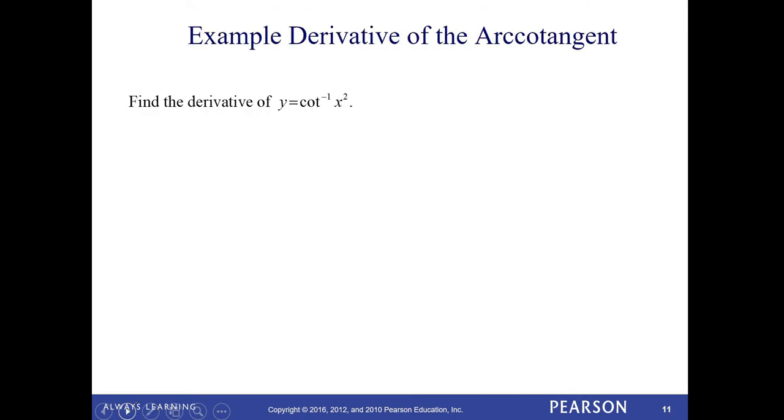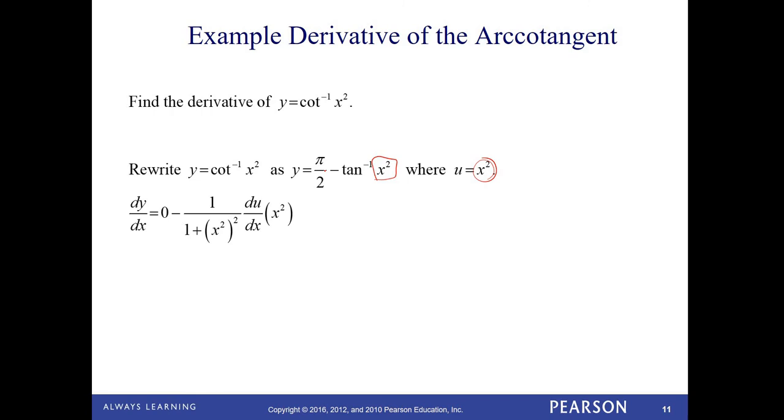So let's try one. Cotan inverse of x squared. Now cotan is not one that we had, so we're going to rewrite this as pi over 2 minus tan inverse of x squared. Again, u here is x squared. This is our inside function we're dealing with. So taking the derivative, we get 0 minus 1 over, using our tan inverse formula, and then the derivative of x squared.